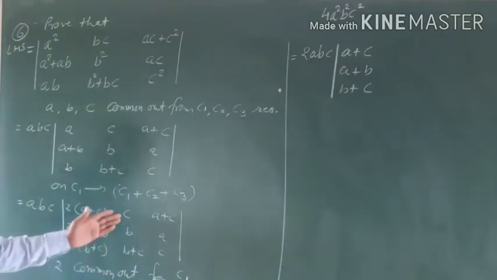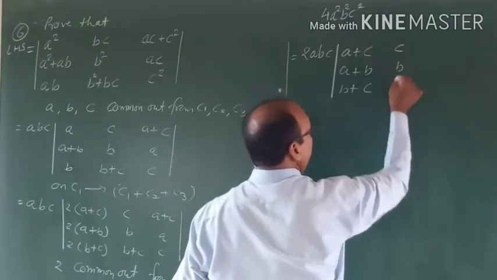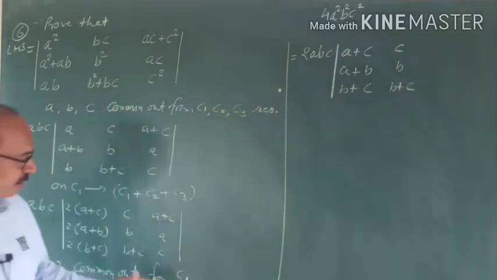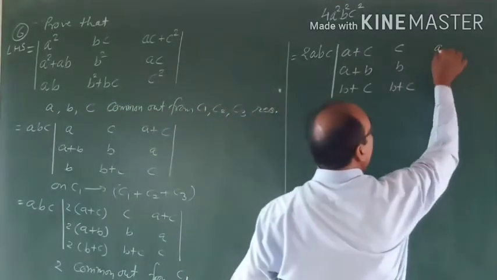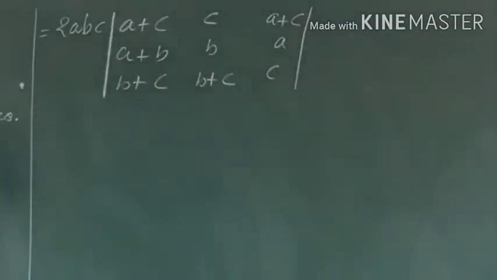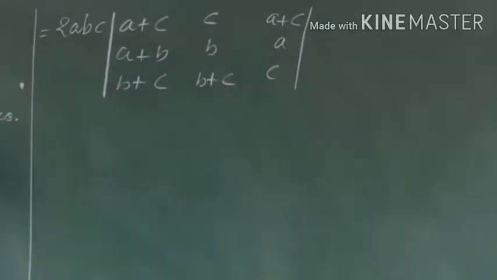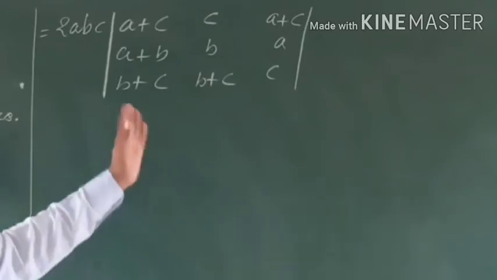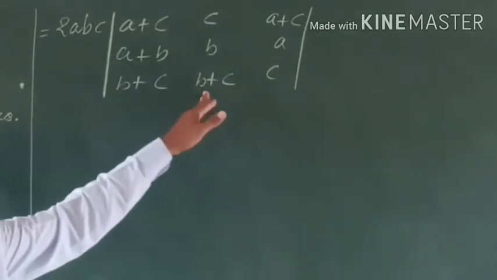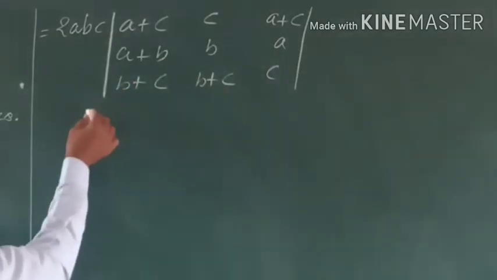Second and third columns as it is: c, b and b plus c; a plus c, a and c. Then use C2 minus C1 and C3 minus C1 on C2.